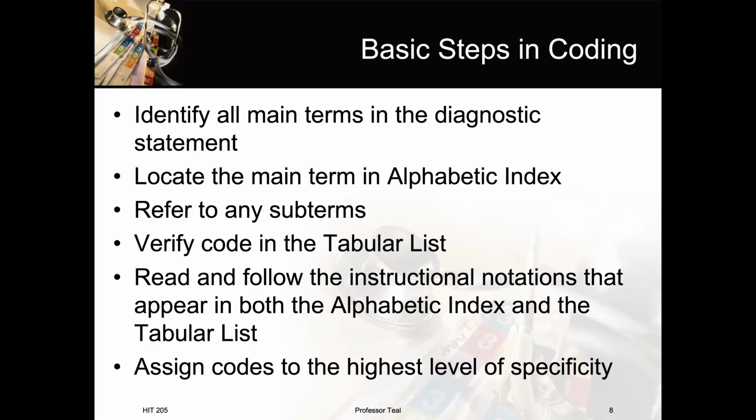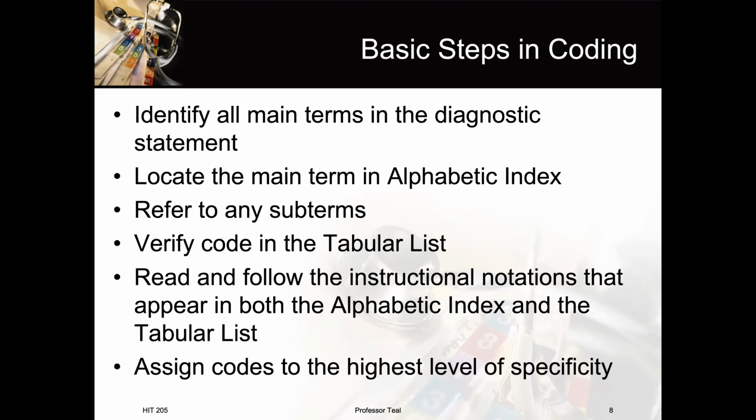So let's walk through the basic steps in coding for ICD-10-CM. First, you're going to take the documentation and figure out what the main term is that's included in the diagnostic statement. So first you identify all the main terms, then you locate each main term in the alphabetic index. Then you refer to any subterms indented under the main term.